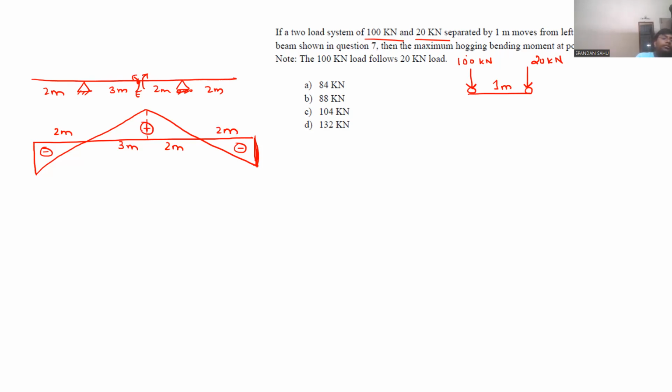Now we have to place these two loads in such a way that we get the maximum hogging bending moment. Now, check. What will be this ordinate value?